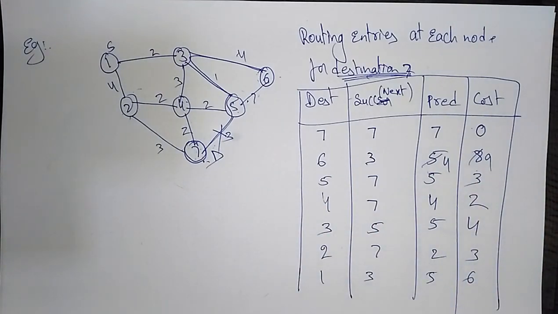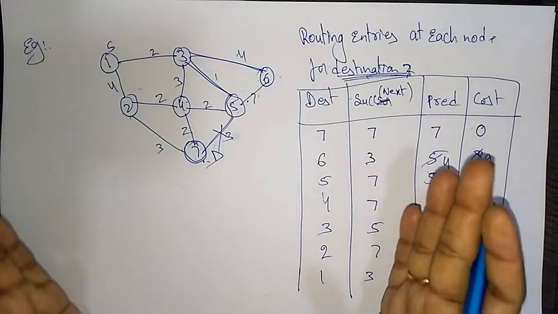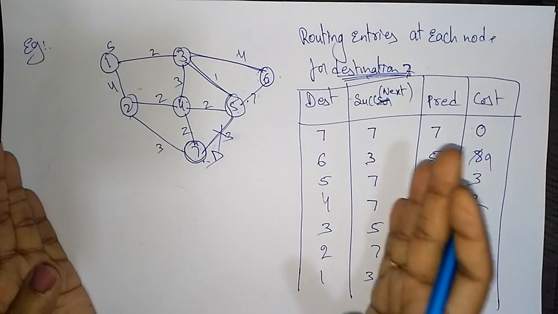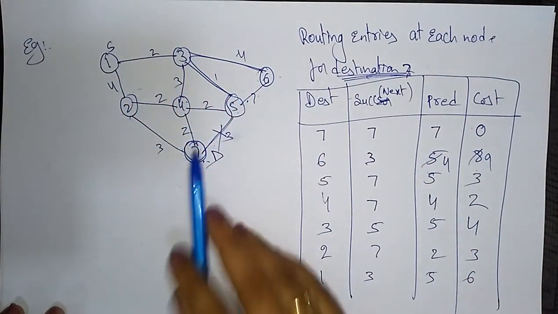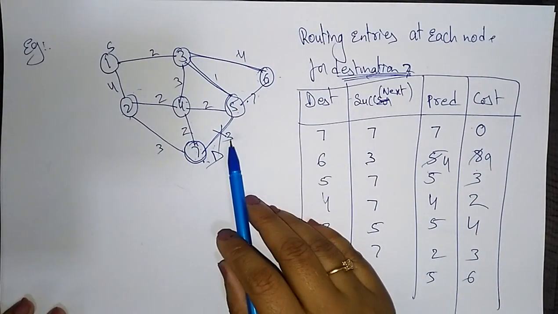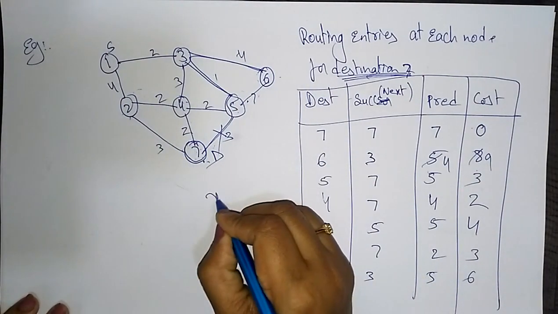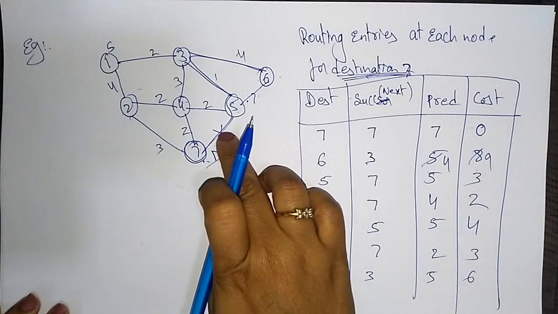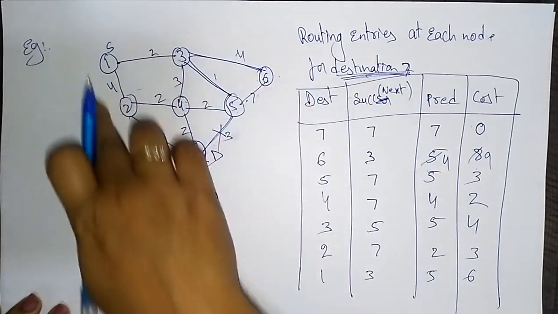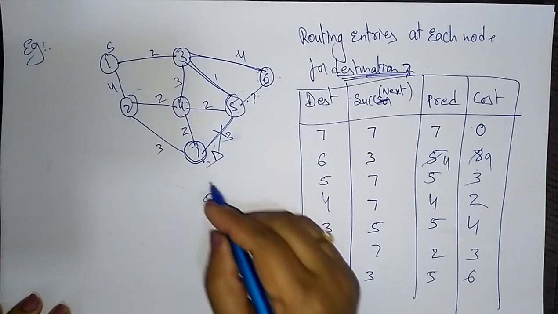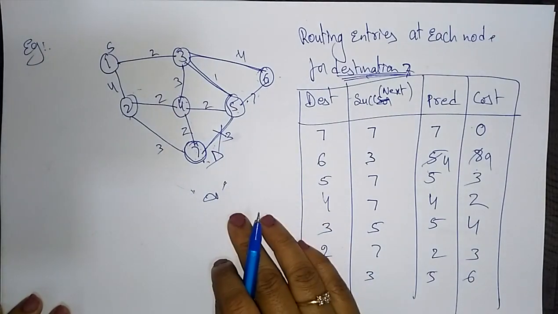The point that you have to remember here is, whenever the link breaks, it sends an update message to all its neighboring nodes with a cost of infinity. So whenever that line breaks, it informs all the neighboring nodes with a cost of infinity.